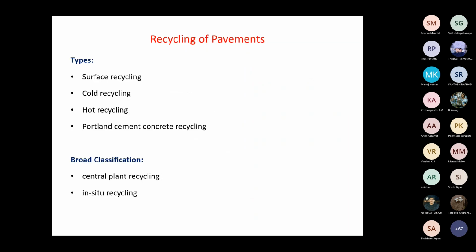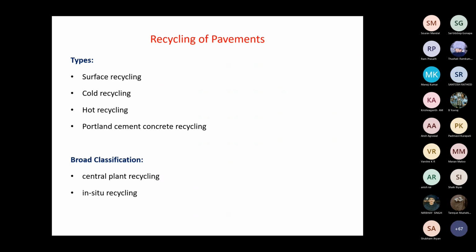The types are surface recycling, cold and hot recycling, and Portland cement concrete recycling. Broadly, it can be classified as central plant and in situ. Central plant means you have to scarify and take the material to a central plant, like a concrete mixing plant, add some rejuvenating materials or new aggregates, then bring the material back to the site and lay it.